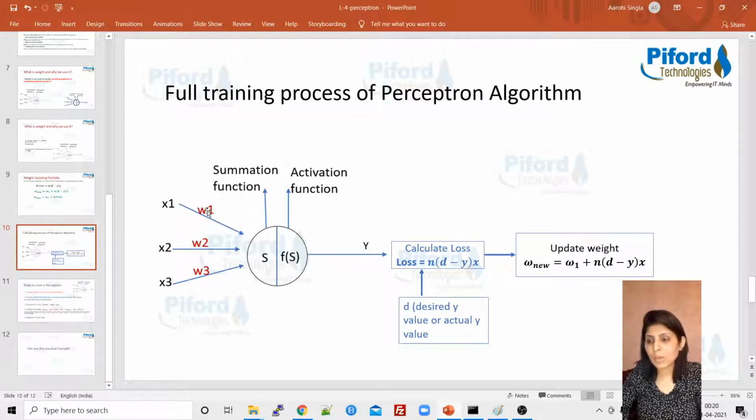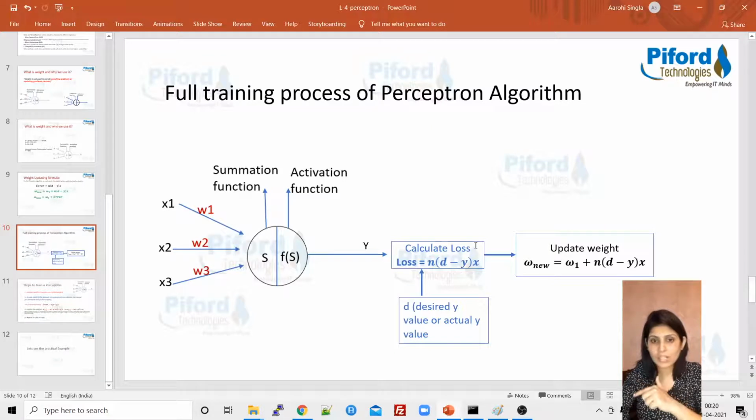That means x1 into new W1, x2 into new W2, x3 into new W3, and we'll sum all the values. We'll calculate the activation function, and we will again calculate the loss function. And this time, you will know if that value is lesser than the previous loss function.